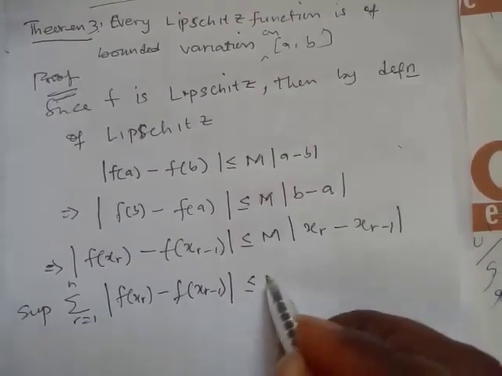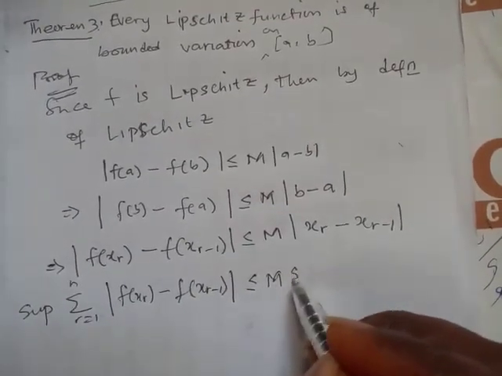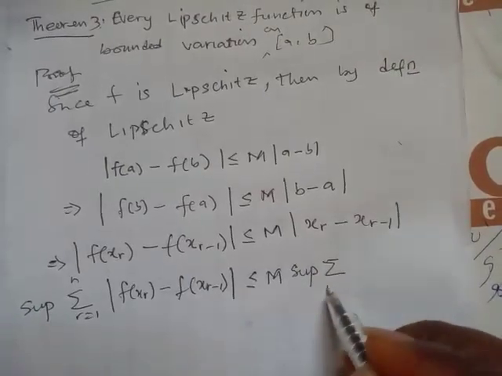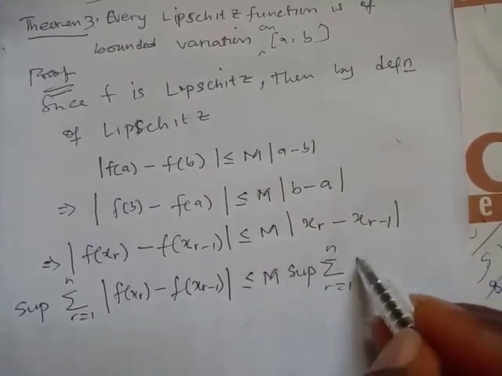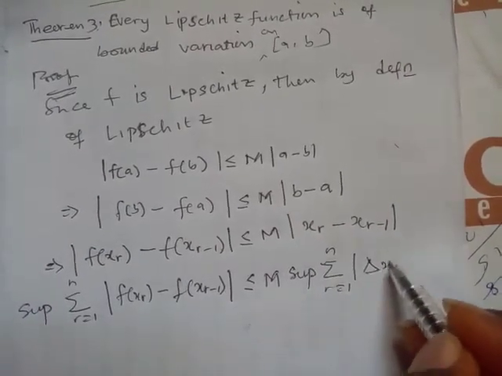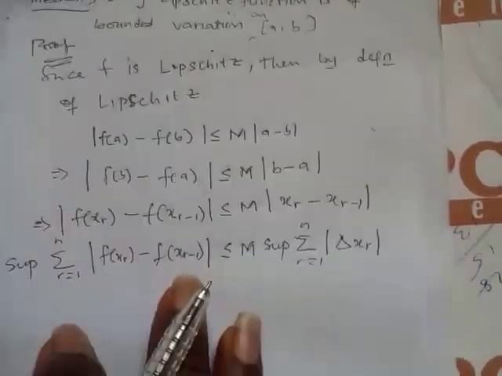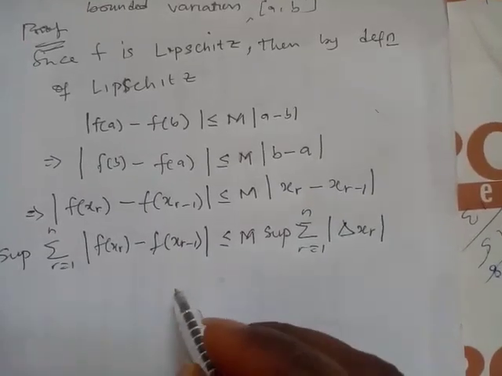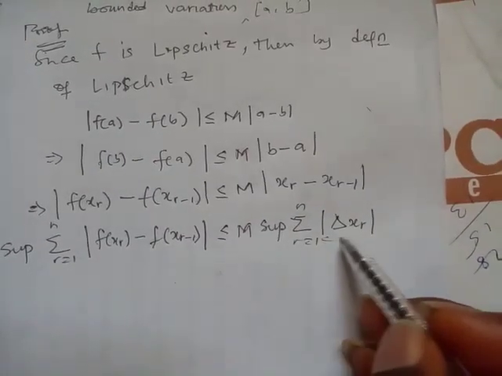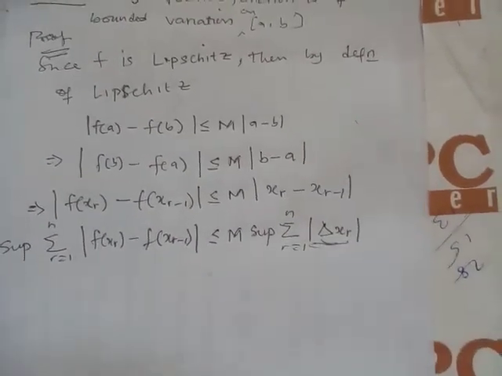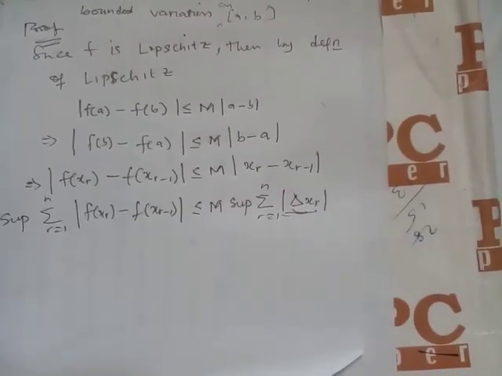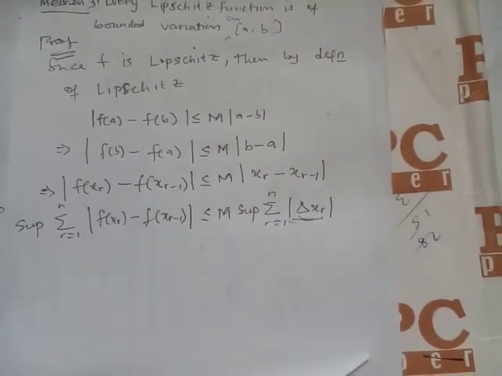This will be less than or equal to M times the supremum of the sum as r runs from 1 to n. We know that this one is just delta x_r. Now, don't forget that this one is positive. This thing is always greater than or equal to 0.